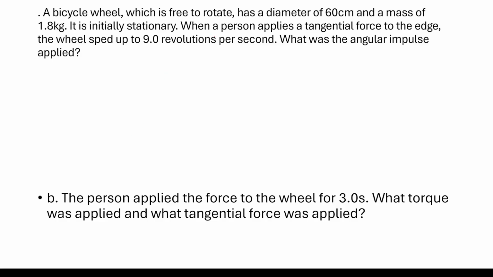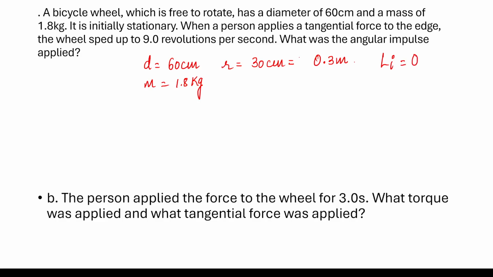Let's try another one. A bicycle wheel which is free to rotate has a diameter of 60 centimeters. So the diameter is 60 centimeters, radius is 30 centimeters, which dividing by 100 is 0.3 meters. Mass of 1.8 kg, which is initially stationary, so initial angular momentum is 0.